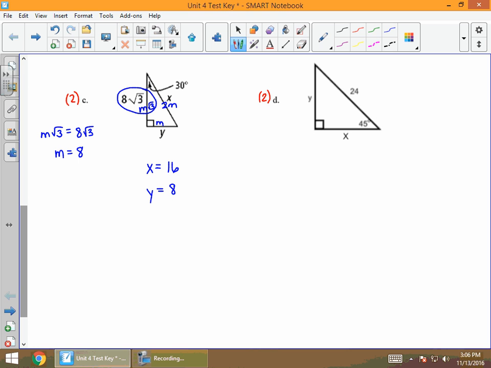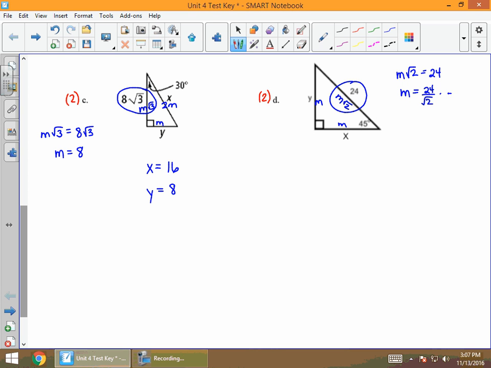And then letter D is 45, 45, 90. So the legs are m. Hypotenuse is m radical 2. Here's my equation. M radical 2 equals 24. Divide both sides by radical 2. So m equals 24 divided by radical 2. Remember, we're not allowed to divide by a radical.